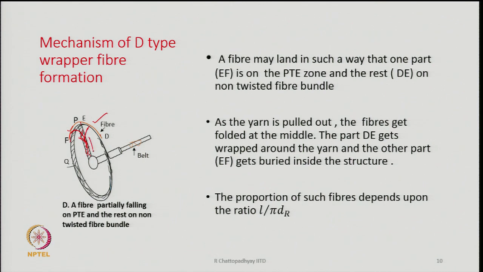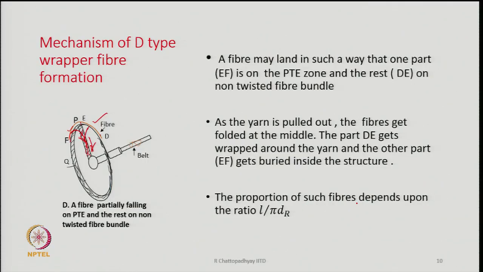As the yarn is being withdrawn in this direction, this fiber DF will be pulled along with the yarn and it will be folded. So, it will have two parts now. One part is partially staying in the PTE zone, the other part is actually on the already formed yarn, that is on the yarn arm, and therefore, what is going to be the configuration of this fiber now? This fiber will be folded and then wrapped.